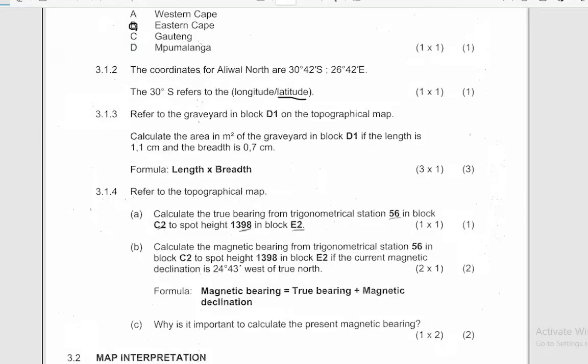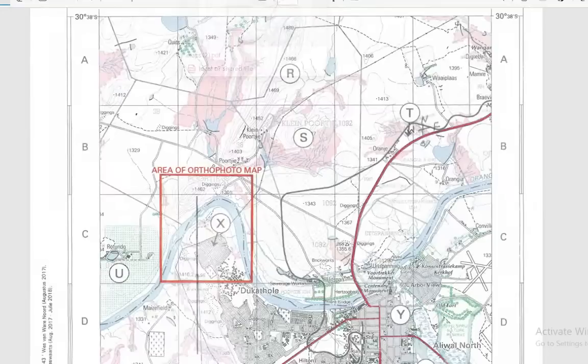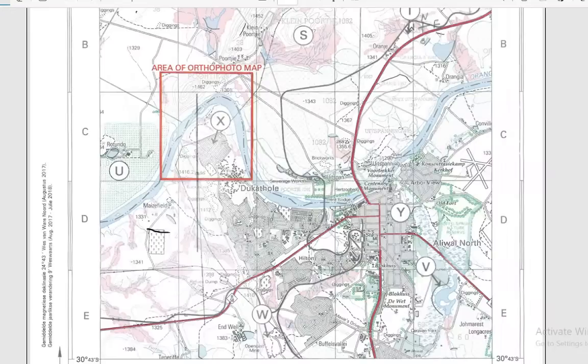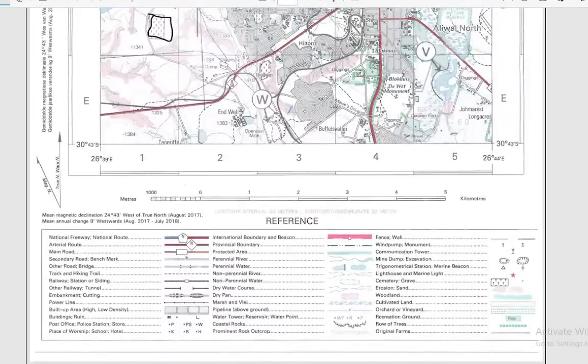Maybe just seeing it, but it doesn't matter much seeing the graveyard. The graveyard, I think you can see it's here. This is where our graveyard is, according to the reference given there. I think we can figure out the symbols that we have here. The symbol for a graveyard, you can see, is this one here.